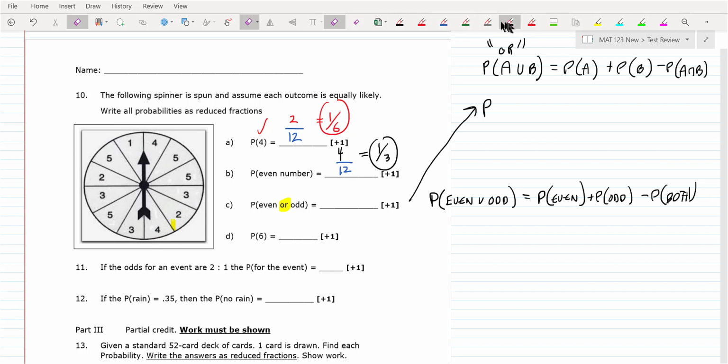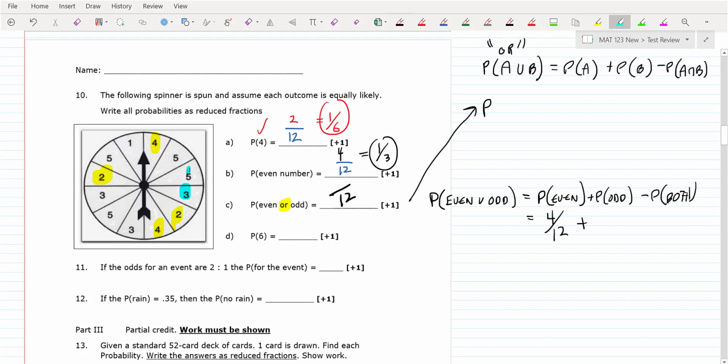First of all, we know that there's 12 possibilities. So I'm going to highlight all the even numbers again, which is a 4, a 4, a 2, and a 2. So the probability of getting an even would be 4 possibilities out of 12. Well, the probability of odd would be everything else left over.